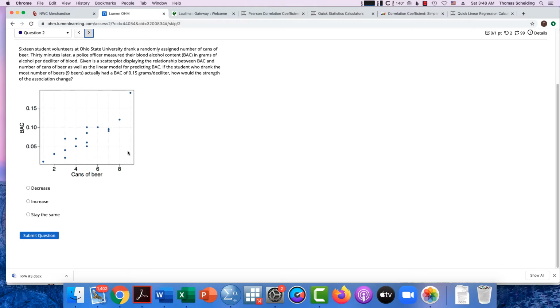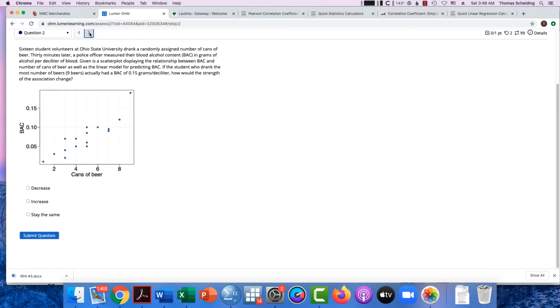What would happen if I found that someone drinking 9 beers had a 0.15? Would that increase the strength of whatever linear relationship exists here or weaken it? Well, if it's 9 and it's 0.15, it certainly reinforces the linear relationship that exists, which basically means it's increasing the strength of that association.